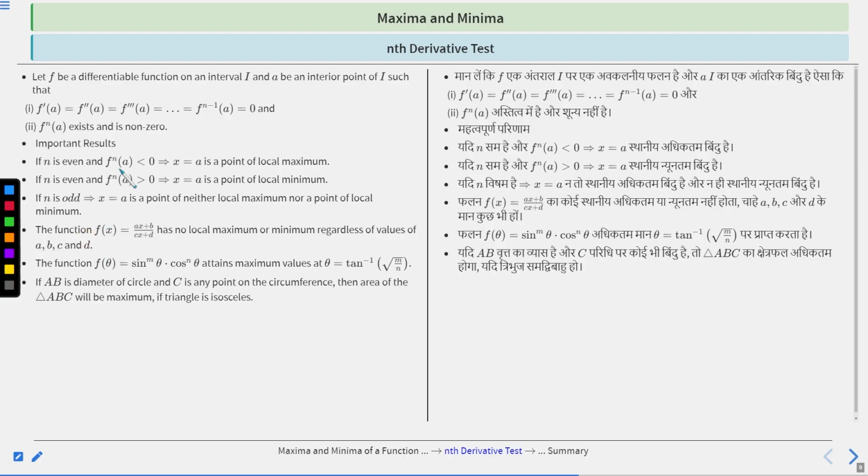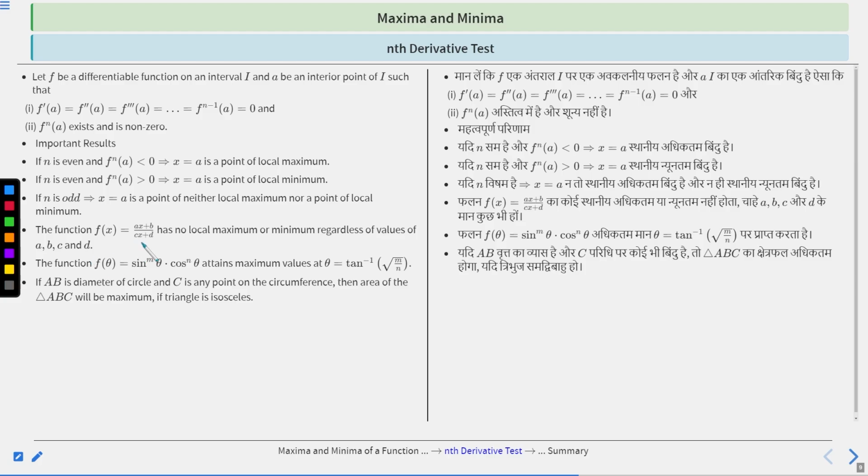Then, important results: if n is even and f^(n)(a) less than 0, then x equal to a is a point of local maxima. If n is even and f^(n)(a) greater than 0, then x equal to a is a point of local minima. If n is odd, then x equal to a is neither a point of local maximum nor local minimum.